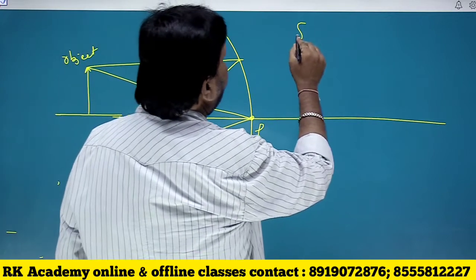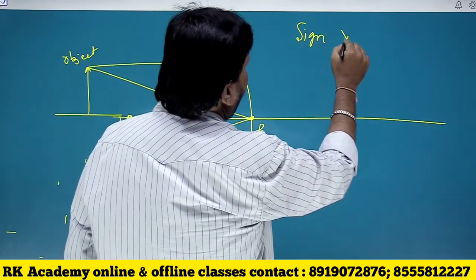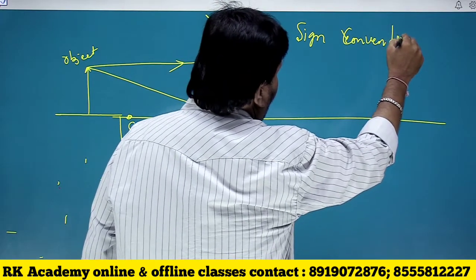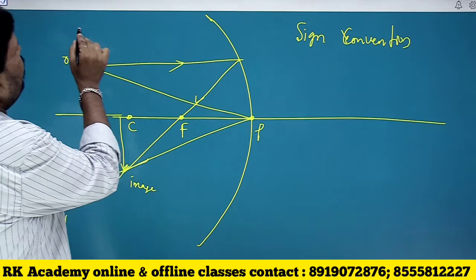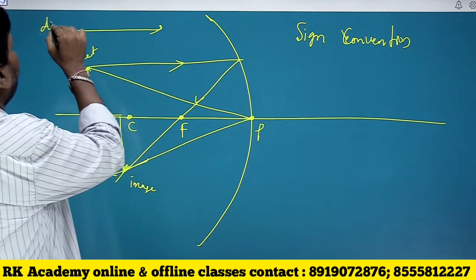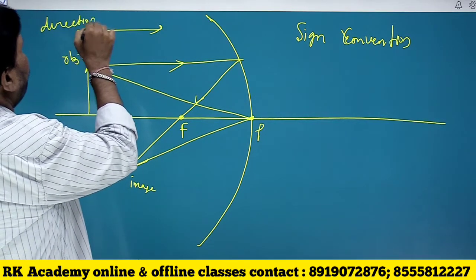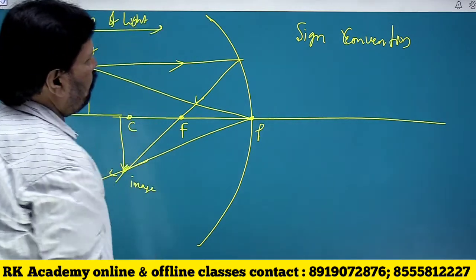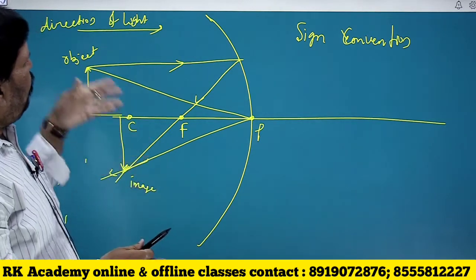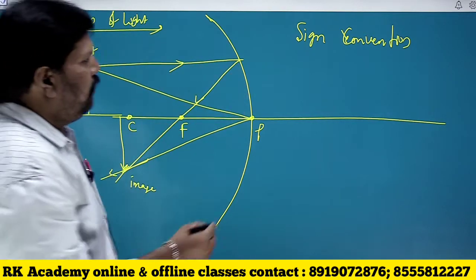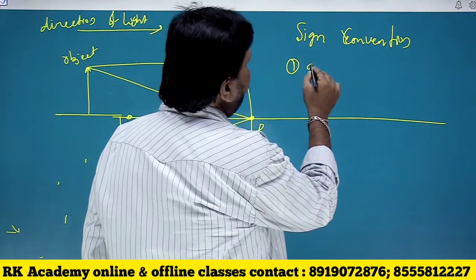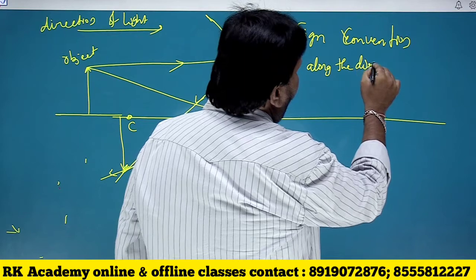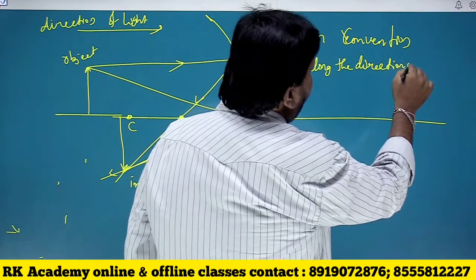We need to go with sign convention, which is known to be Cartesian sign convention. So this is the direction of light. If you are measuring along the direction of light, then all the measures are to be taken positive.